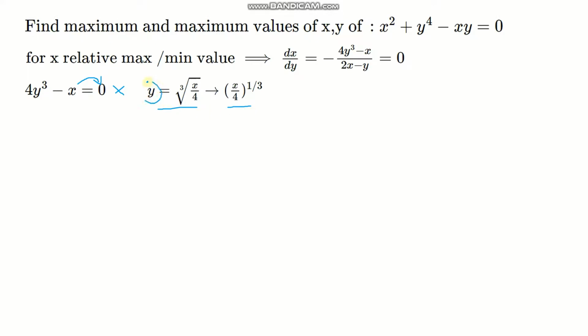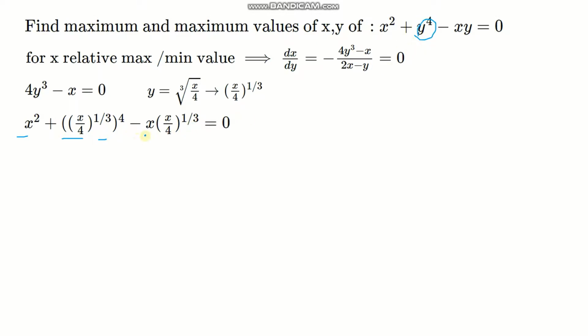We need to substitute into the original equation, x squared plus y to the 4 minus xy equals 0. Now we have x squared plus (x over 4) raised to the power of 1 over 3, all raised to the power of 4, minus x times (x over 4) raised to the power of 1 over 3 equals 0.